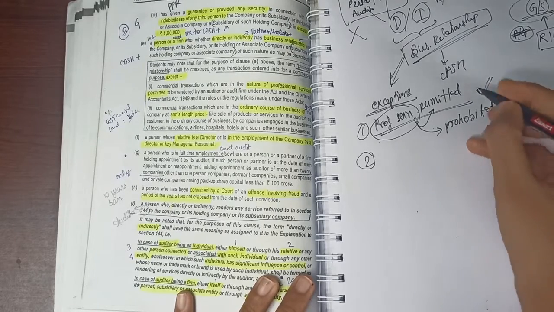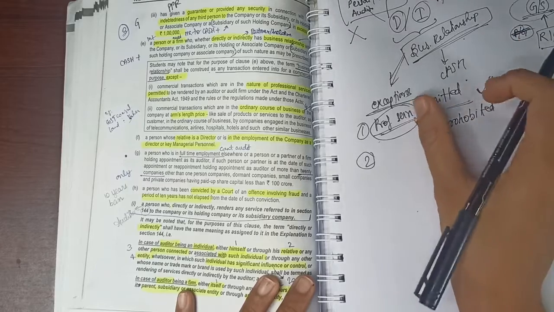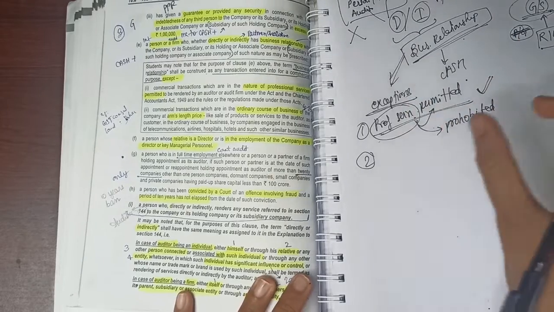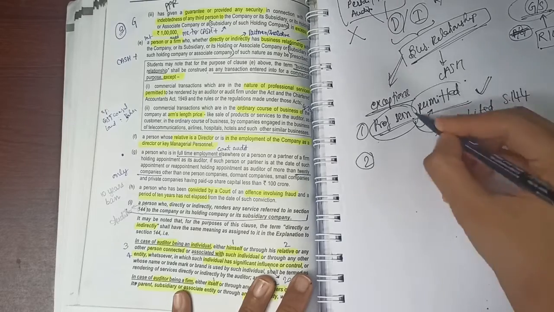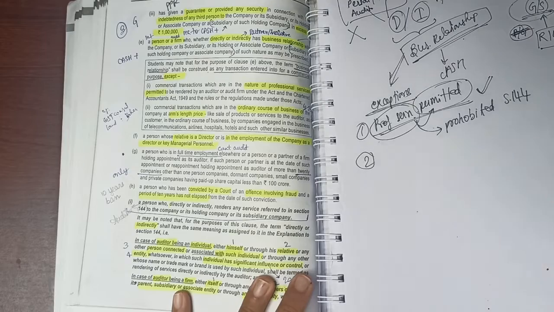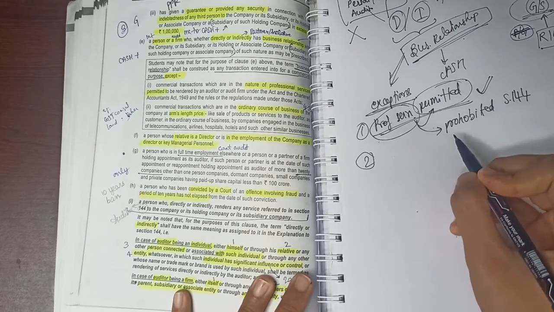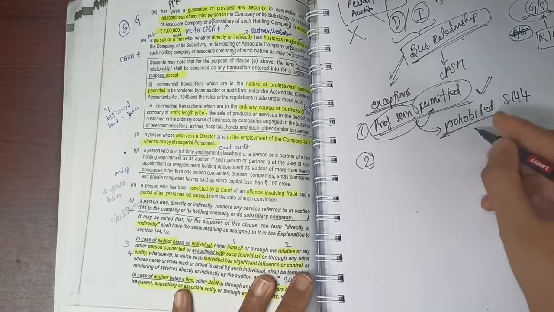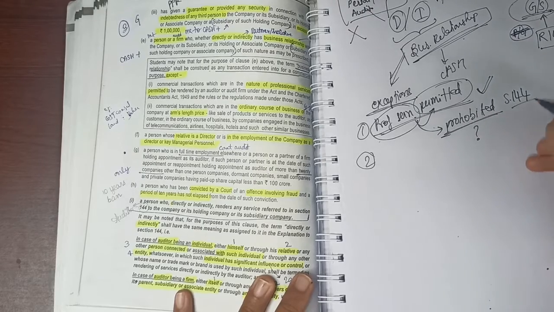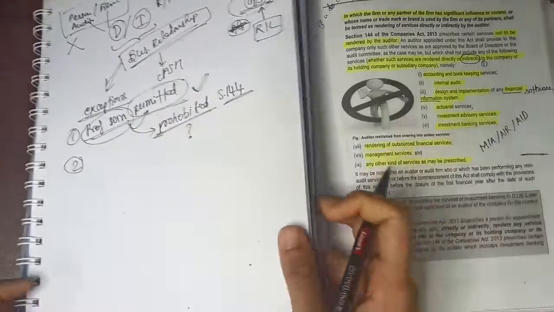In our book, they have not given what are the permitted professional services. Rather, they have given what are the prohibited professional services under section 144. So all the services other than the prohibited services will be known as the permitted services. So for that we need to understand what are the prohibited services. It is given under section 144.